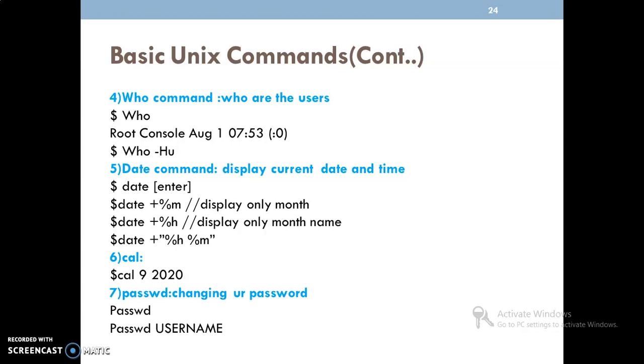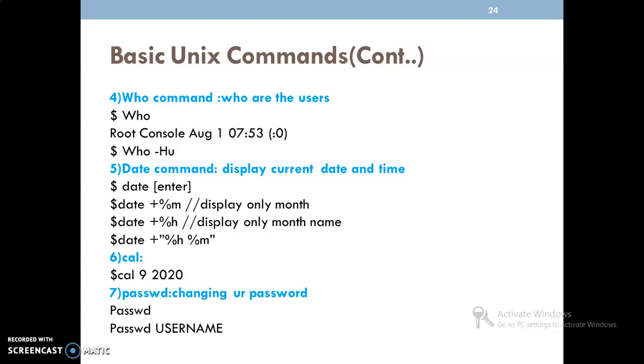There is one more thing. If I'm only interested in the month, like the current month is September, then it displays the value 09. If I'm interested in the name of the month, then I need to use the option H, which displays the name of the month, September.